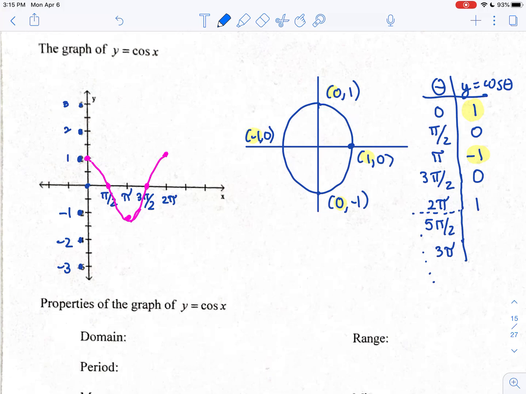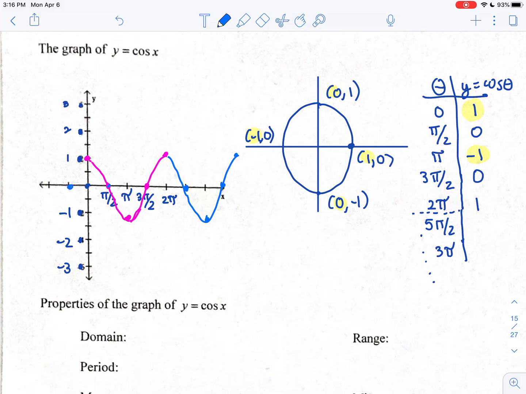After that, it'll start to repeat itself. If I were to continue in that same pattern, this next angle measure, which I'm going to help you guys come up with, would be down below here. We're repeating the pattern that we see over on the left-hand side, then one here, then one back up. And so that would be here another cycle of the graph.